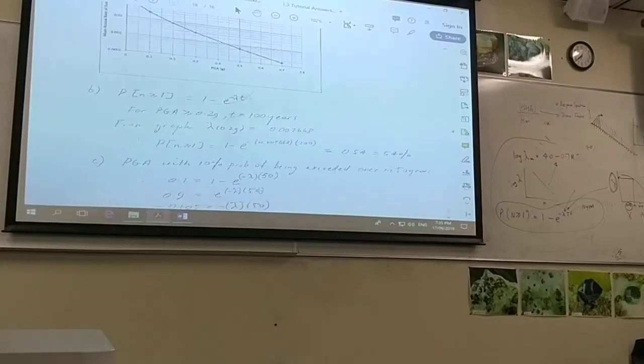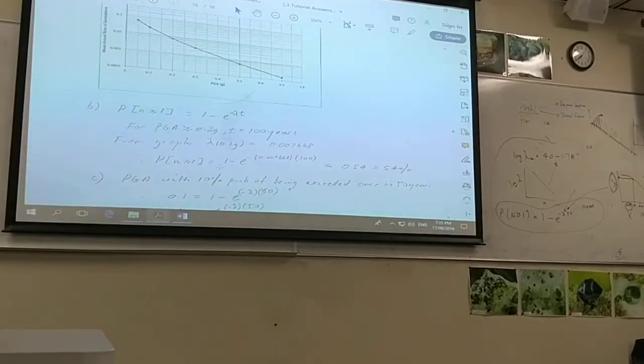From the graph, for 0.2 g, I'd come up here, get my annual exceedance probability, which equals this value here, and then I'd use that in this form of the equation to get this probability of 54%, 0.54.